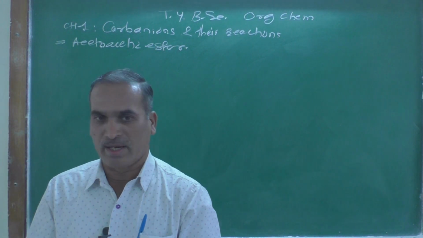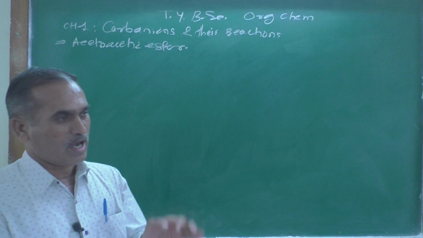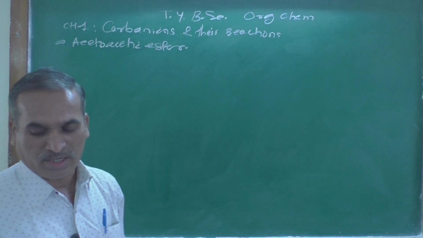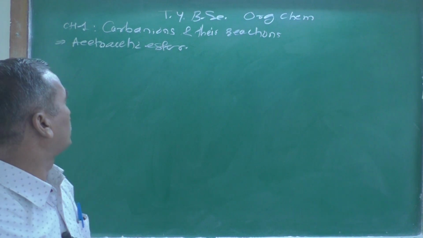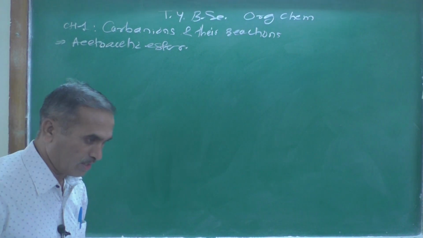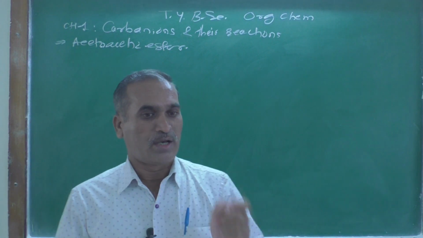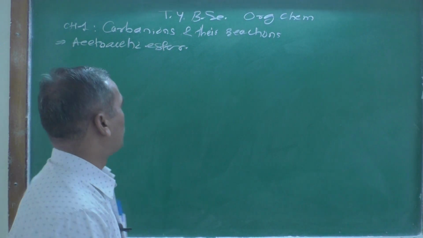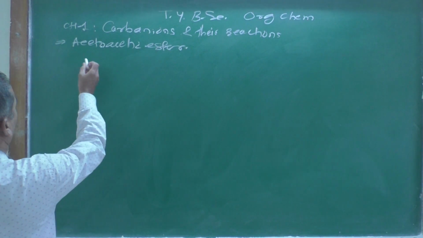You are quite familiar with this word acetoacetic ester, or we can call it ester acetoacetic, or we can call it a beta keto ester, right? First of all, let us see the structure of it.